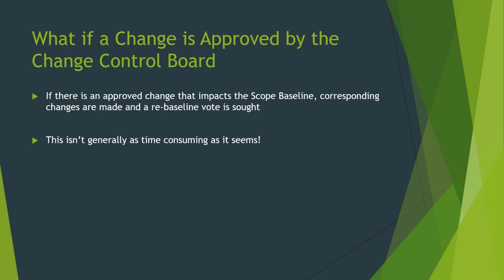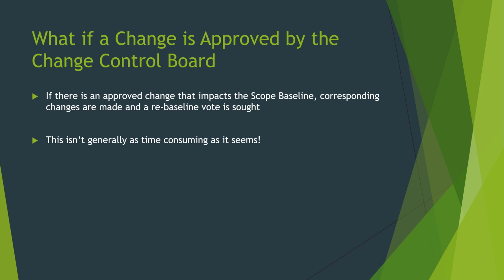And if there is a change in the WBS dictionary, the project manager, or the project management office supporting the project manager, can go in and make the change in the WBS dictionary, and an automated email or notification can go out to the four stakeholders who need to approve that change and provide their baseline vote.